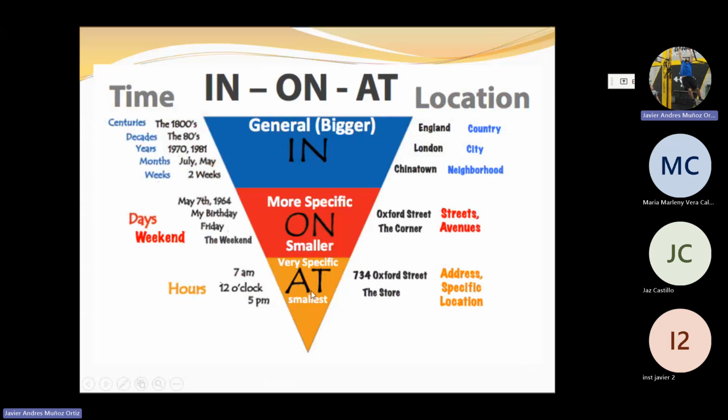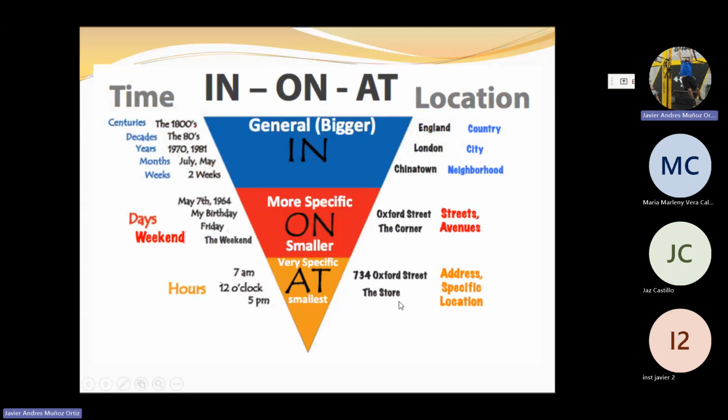But about at, something very specific. Okay, at the entrance of your apartment. This is very specific because you only have one apartment or one house or one, I don't know, hub or whatever. So you only have one, right? And you are there. You cannot be divided into three, right? So this is very specific.